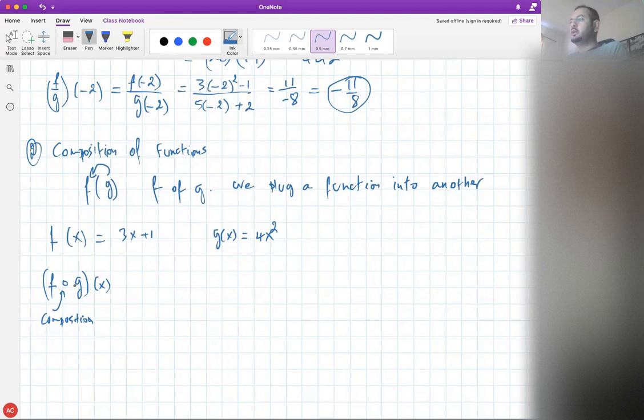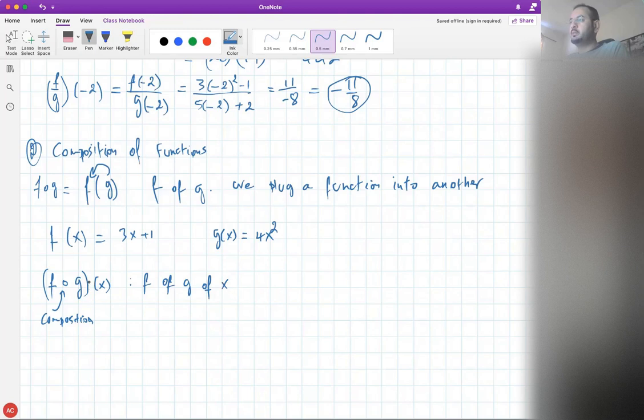So here's how we say this notation. We say f of g of x. Because we said here, this is f of g. So this one we say f of g of x.